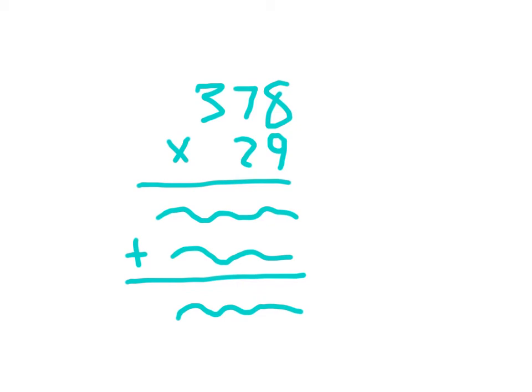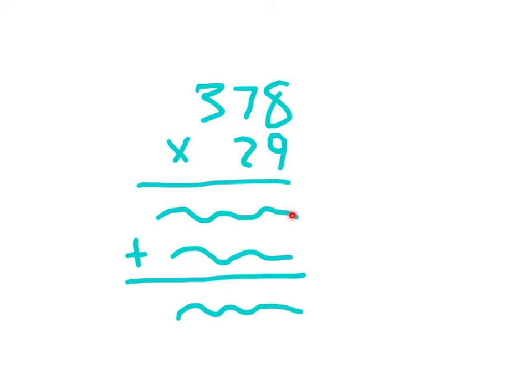All right, point at the squiggly line where it would be 378 times 29. Right, there's that one there. Point at the squiggly line where it would be 378 times 9. This one right here. Point at that squiggly line where it would be 378 times 9.